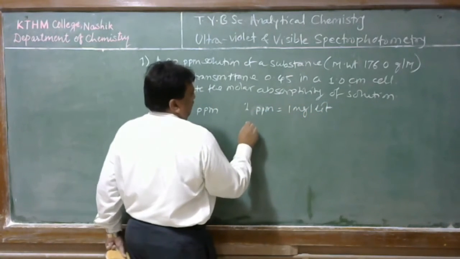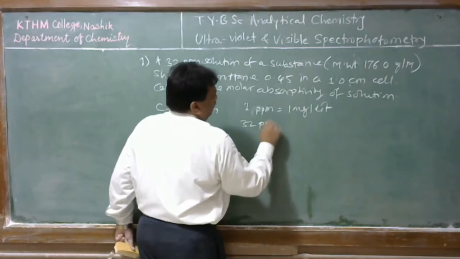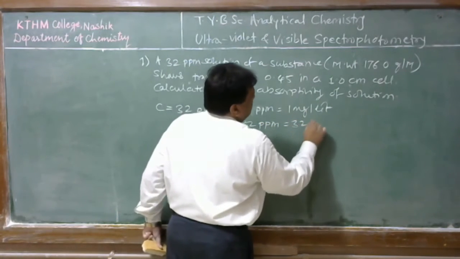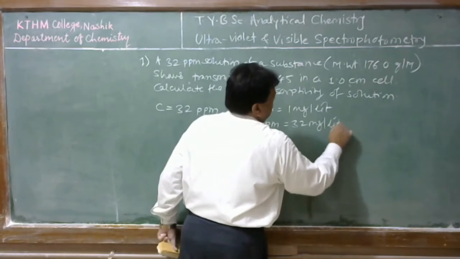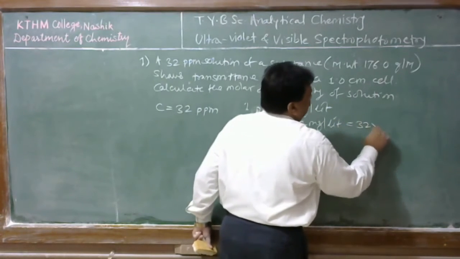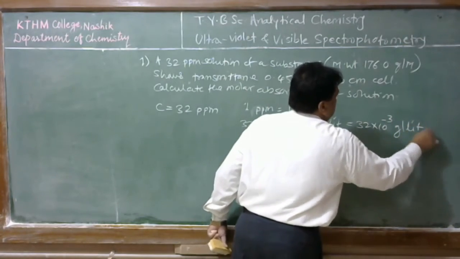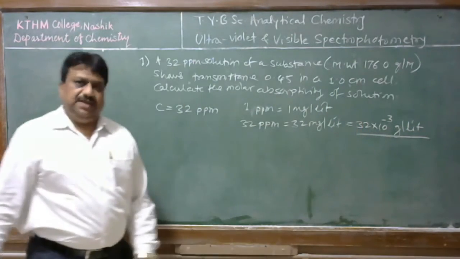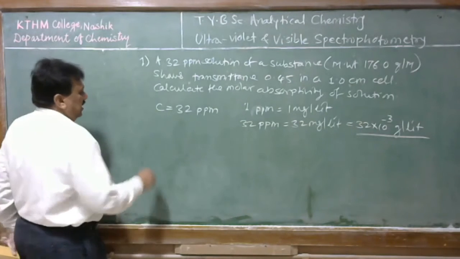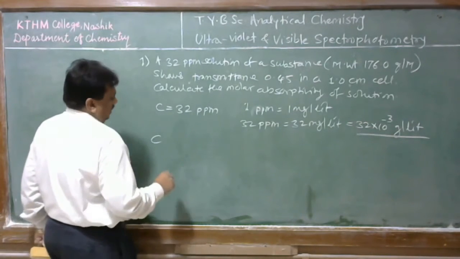Therefore, 32 ppm means 32 milligram per liter, which means 32 into 10 raised to minus 3 grams per liter. This is the concentration in grams per liter. Now we can convert this concentration into moles per liter.